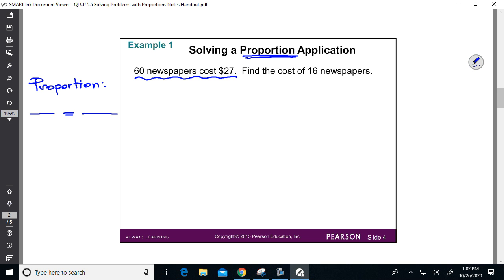So when it says 60 newspapers cost $27, there are two ways that you can set this up. 60 newspapers over $27, or $27 over 60 newspapers. So, you get a choice. You can set it up however you want. The second fraction is now based off of the first.